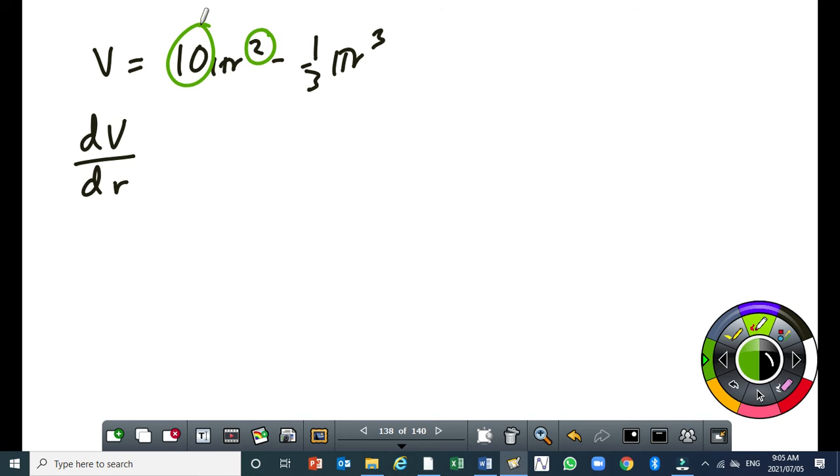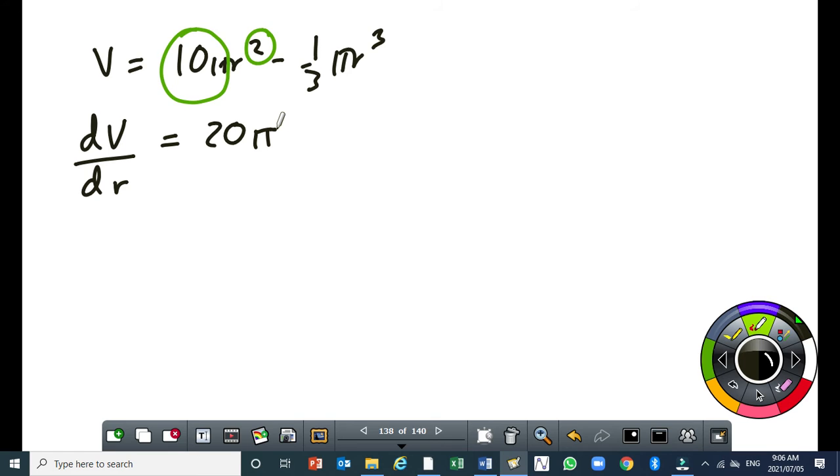Our constant here is not 10, it's actually 10 pi, because pi is a constant. So 2 times 10 pi will give us 20 pi. We are not talking about pies that you buy from Pi City.